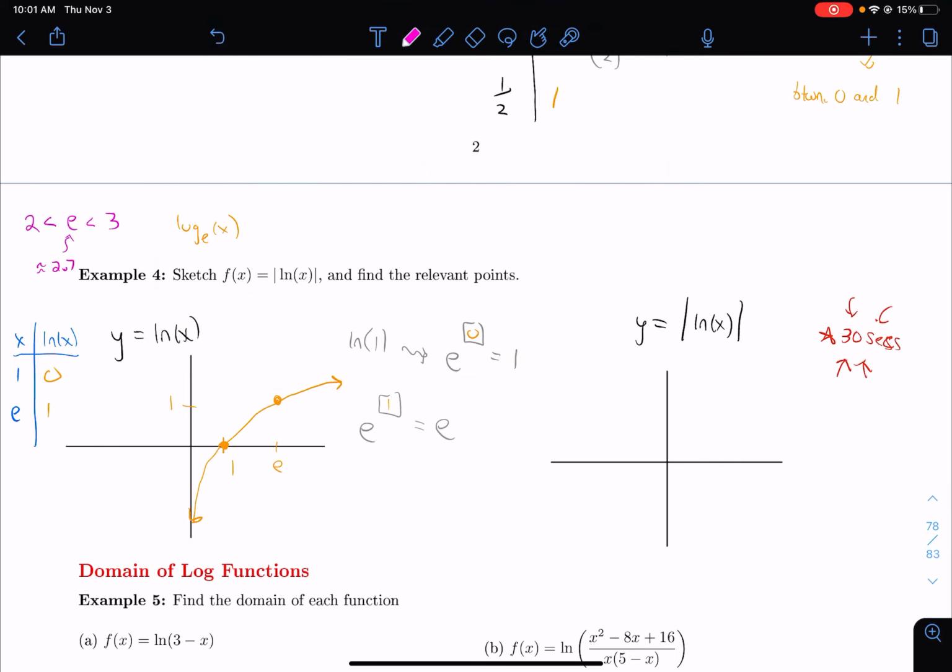Let's talk about it. When I take an absolute value of a whole function, remember that we erase the y values that are below the x-axis. We erase those negative y values, and we make them positive. So we're going to erase them and then reflect them across the x-axis to make them positive.